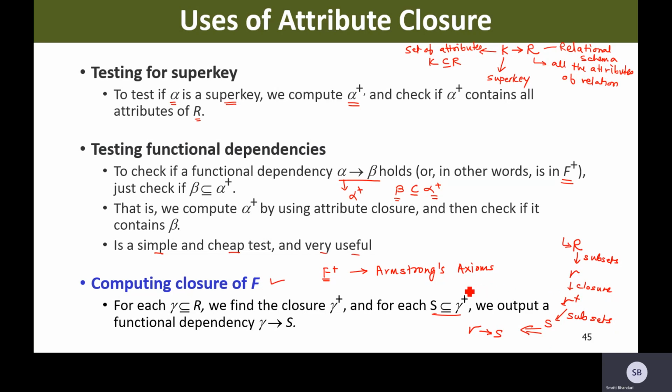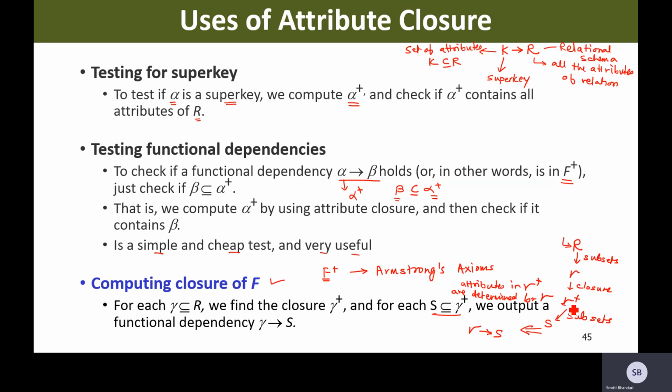So all the attributes in gamma plus are determined by gamma. What does this mean? This means that all the subsets of gamma plus can be determined by gamma.